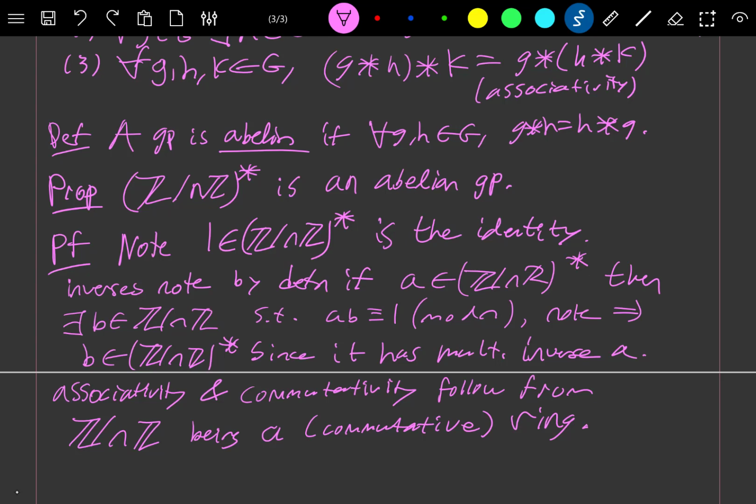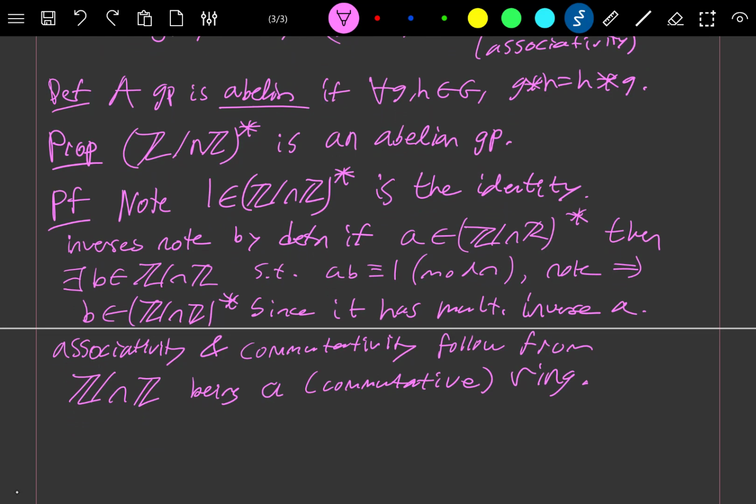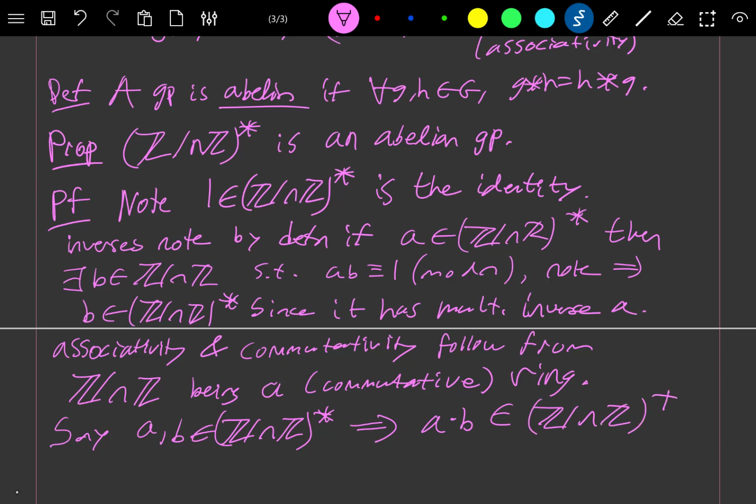Oh, I guess there is one small thing we have to prove. That is, that if you multiply two units, then A times B is also a unit, because it's not necessarily clear that we're closed under multiplication.